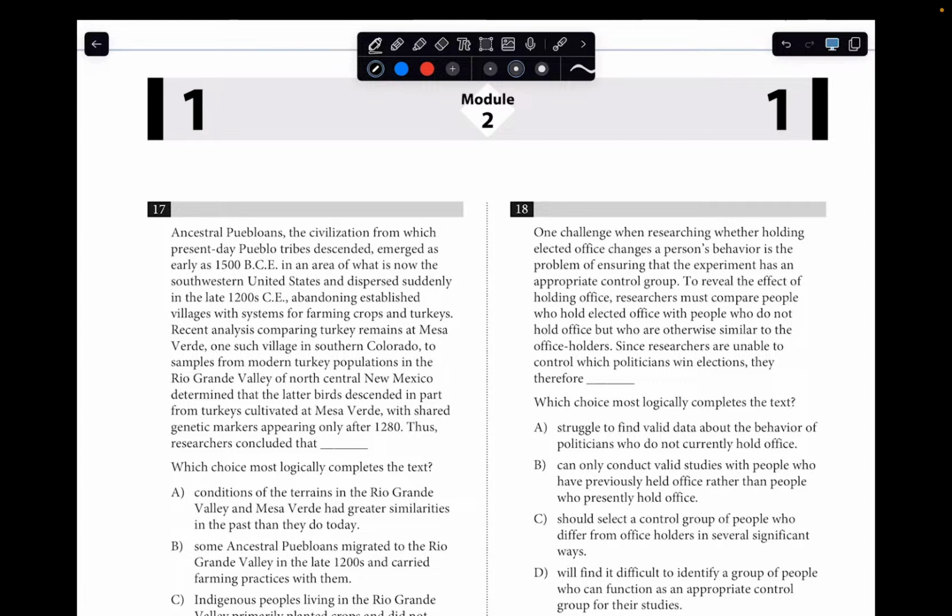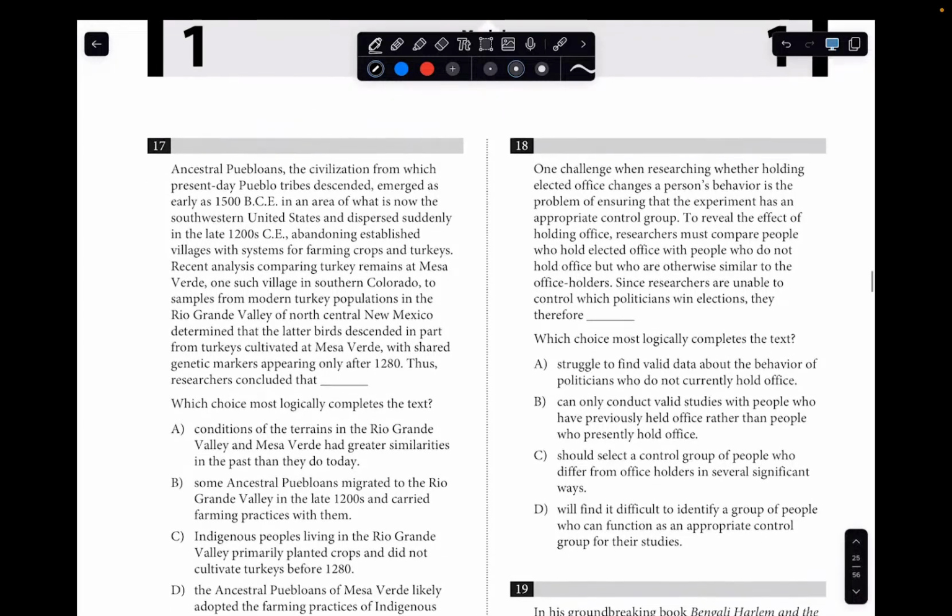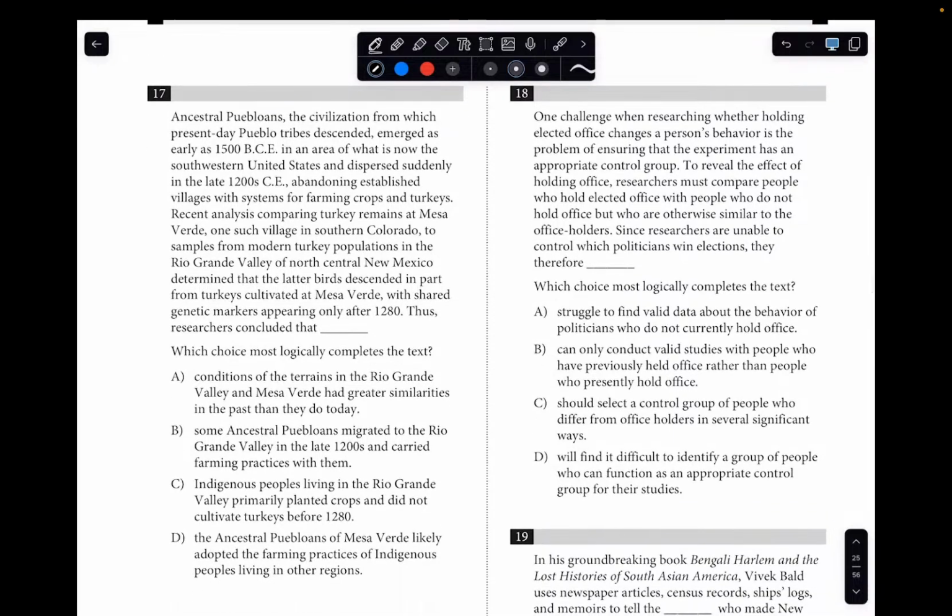17. Ancestral Puebloans, the civilization from which present-day Pueblo tribes are descended, emerged as early as 1500 BCE in an area of what is now southwestern United States, and they then dispersed suddenly in the late 1200s CE, abandoning established villages with systems for farming crops and turkeys.